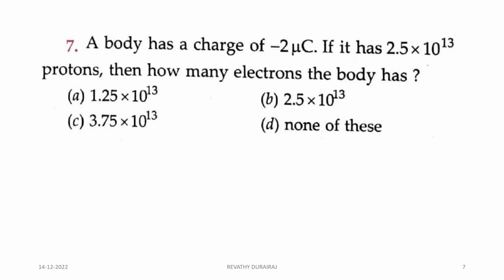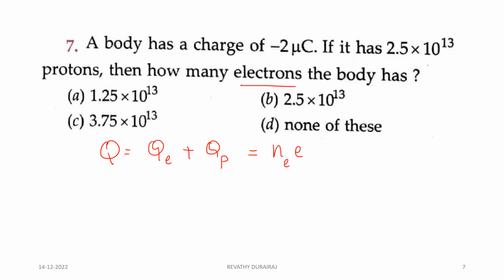A body has a charge of minus 2 microcoulomb. If it has 2.5 into 10 power 13 protons, how many electrons are there in the body? We have to find out that. So total charge on the body is actually due to the total charge produced by electrons plus the total charge due to protons. And total charge due to electrons can be written as number of electrons times the charge of one electron.